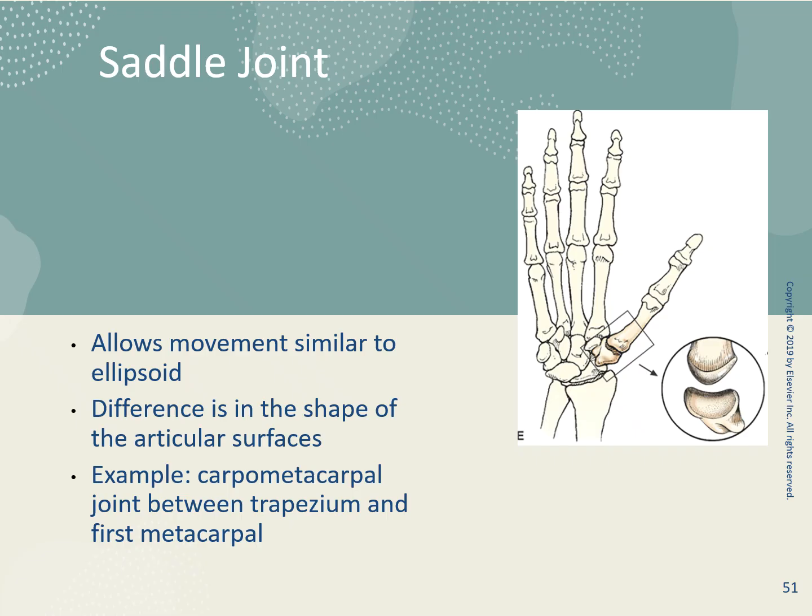There is only your left thumb and your right thumb, as they articulate with the wrist bone, the trapezium, forms a saddle joint. There are no other saddle joints in the human body. That's it. Just the carpal metacarpal joint for the first digit. Okay? So when I ask you about the saddle joints on a quiz, there should be no confusion. This is the only saddle joint. Really, there's no others.